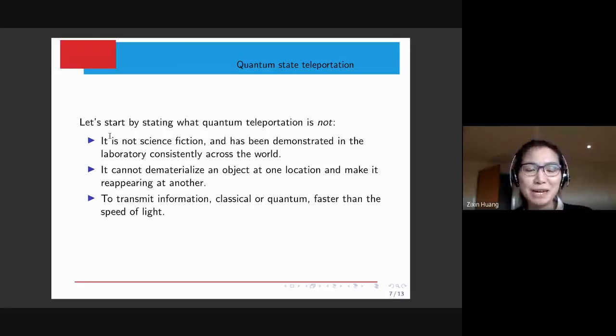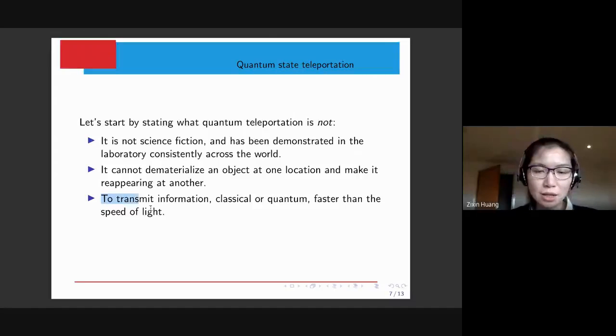So let's start by stating what quantum teleportation is not. Firstly, it is not science fiction, and it has been demonstrated in the lab again and again, everywhere in the world. It cannot dematerialize an object in one location and make it appear at another. What we're teleporting is not mass, but the state, the information on the state, if you like.